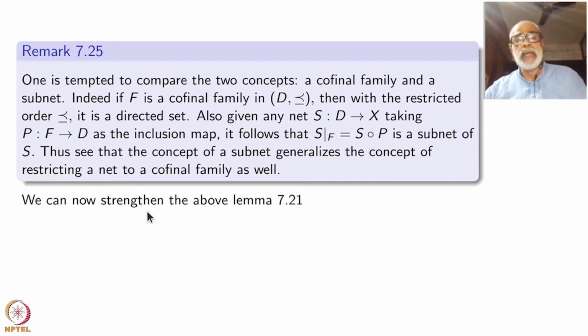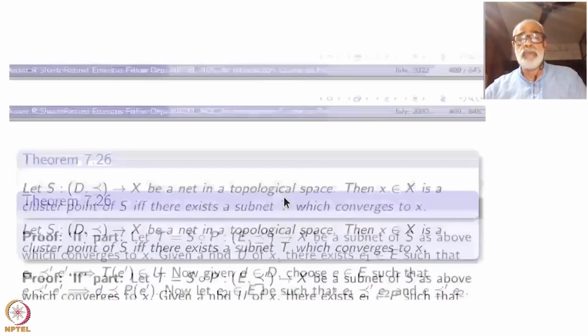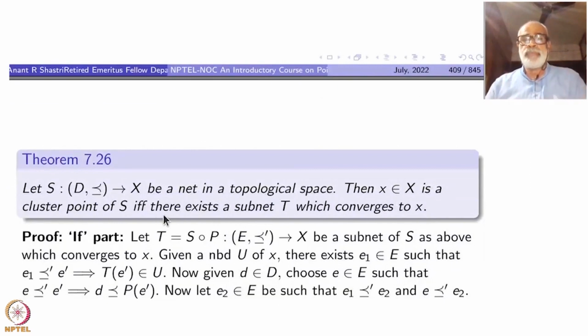Okay, so we can now strengthen the earlier lemma that we had proved, namely now it is if and only if. In terms of cluster points, take any net S in a topological space, then X is a cluster point of this net if and only if there exists a subnet T converging to X. We had seen one part, that if there is a cofinal family restricted, then it converges.